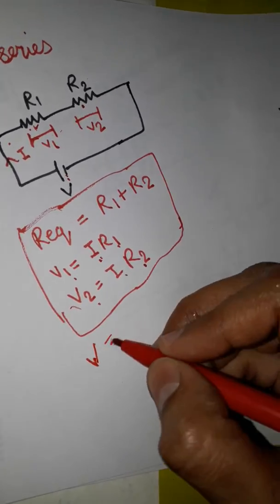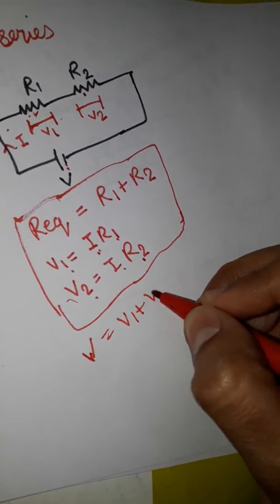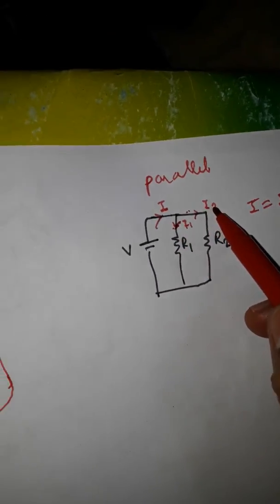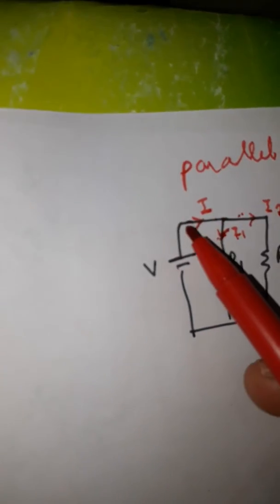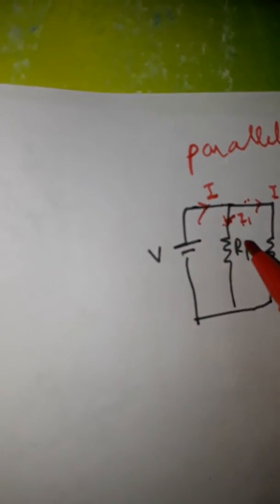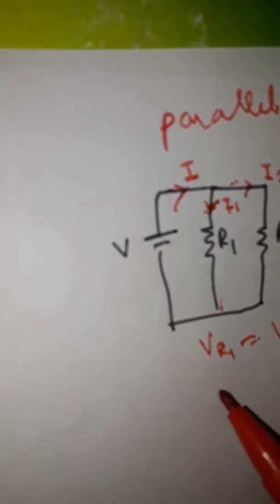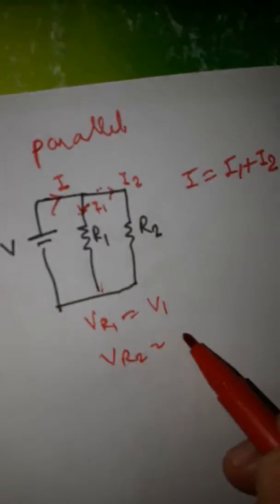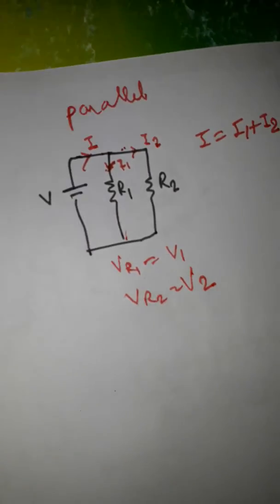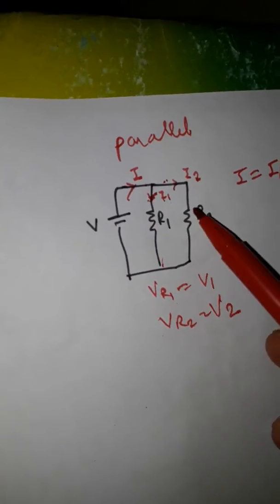Here V will be equal to V1 plus V2. So this current is getting split in two parts, I1, I2. In parallel, the voltage remains the same, and voltage across R1 will be V1, voltage across R2 will be V2. In parallel, voltage remains the same, whereas current gets split.